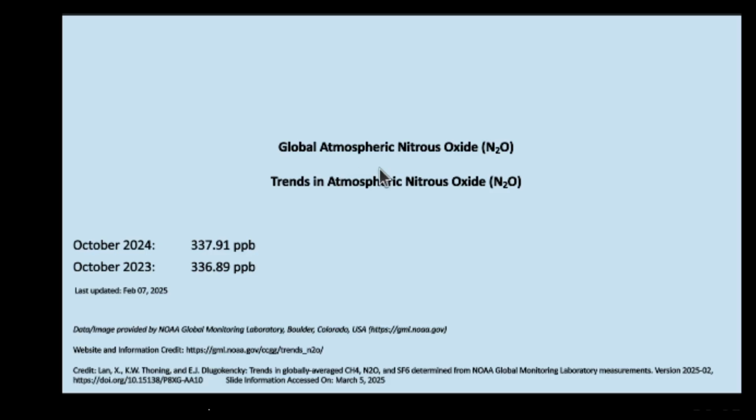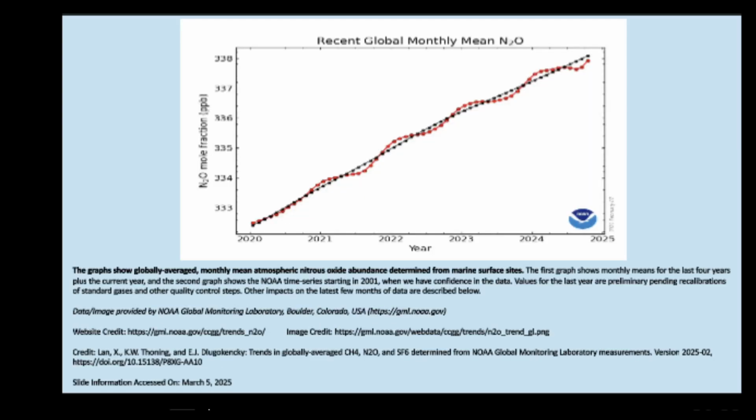Then when you look at global atmospheric nitrous oxide, the third greenhouse gas out of the four we're going to look at, October 2023, 336.89 parts per billion. October 2024, 337.91 parts per billion. So it's growing in the atmosphere in just that past year. Over 2020 to 2024, nitrous oxide is also growing in the atmosphere.